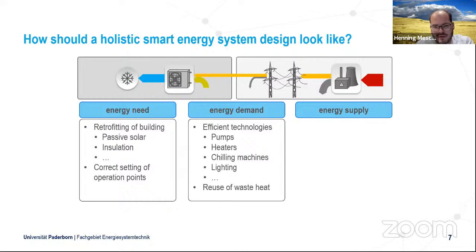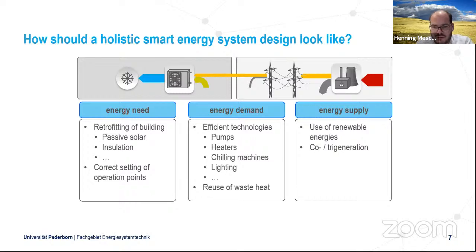And of course, we can use or reuse waste heat. So once the energy is inside our industrial system, we should keep it there and use it, and not buy new electricity or new energy from outside our industrial system.